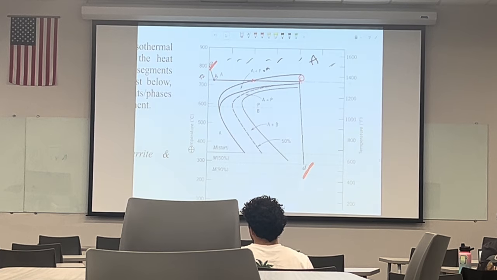It's not mentioned on the figure, but it should have specified that. This is the eutectoid temperature. So basically, we are in the vicinity of the eutectoid temperature.